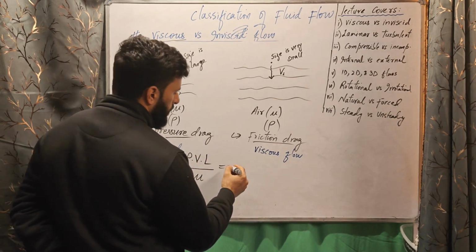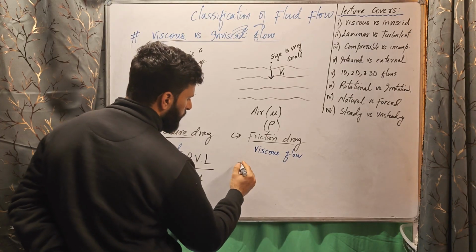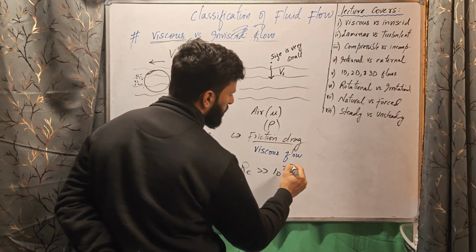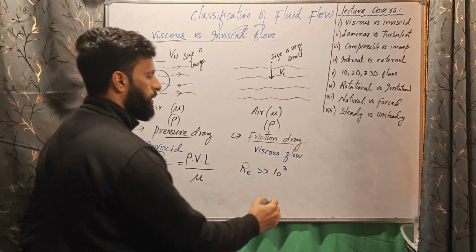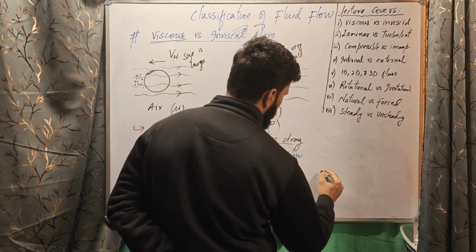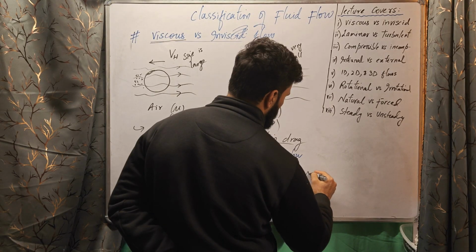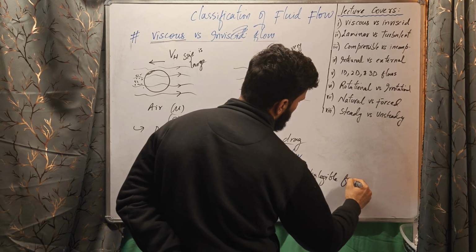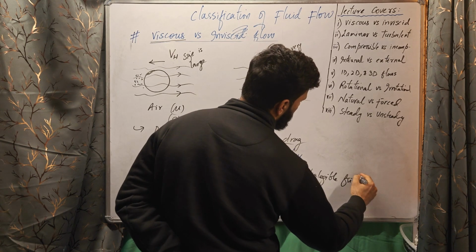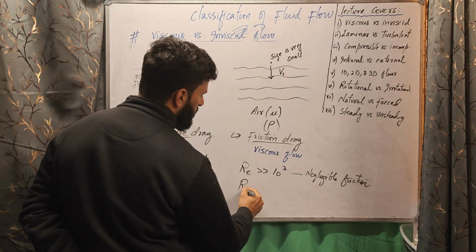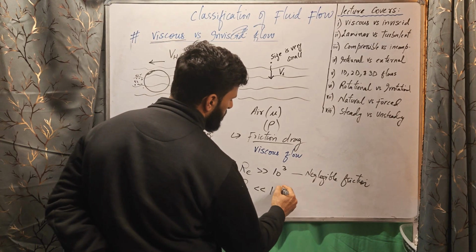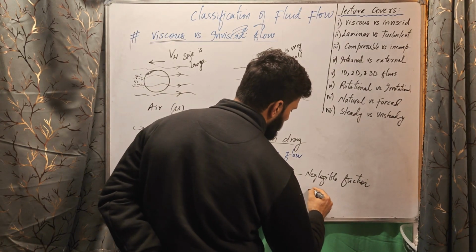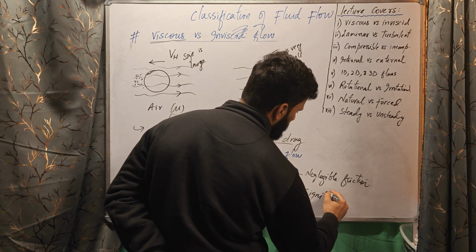There is a rough value we can remember: if Reynolds number is much greater than 10 to the power 3, much greater than 1000, the flow has negligible friction. Negligible friction means it is inviscid. And if Reynolds number is much lesser than 1000, then friction is dominating, so significant friction.